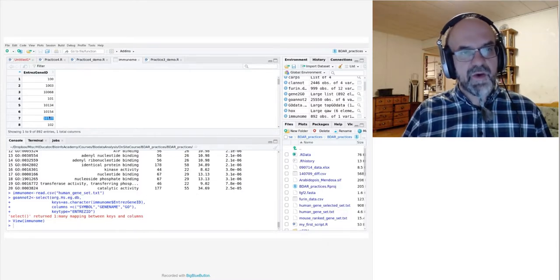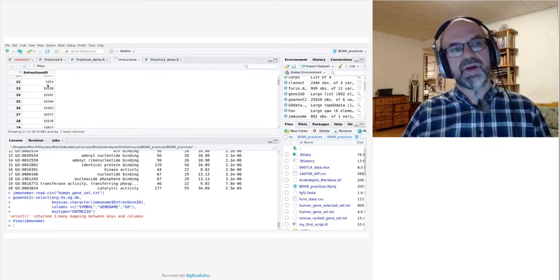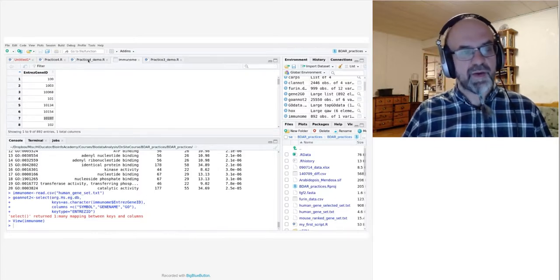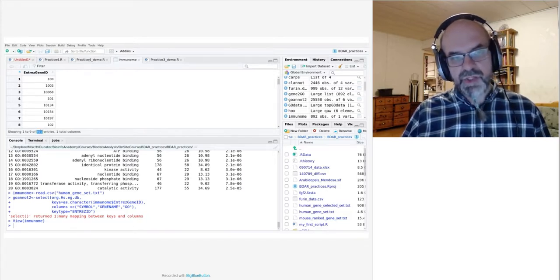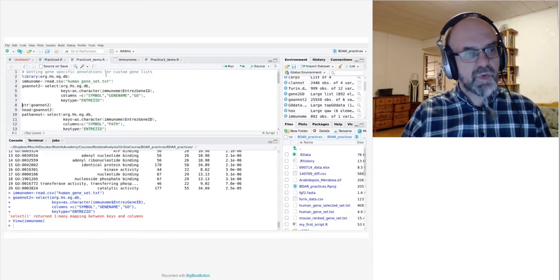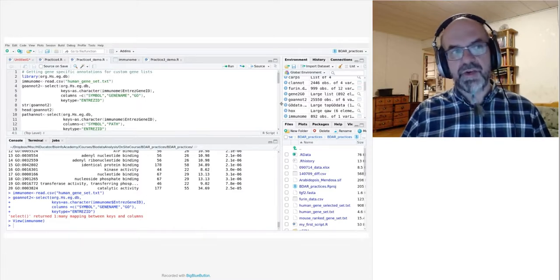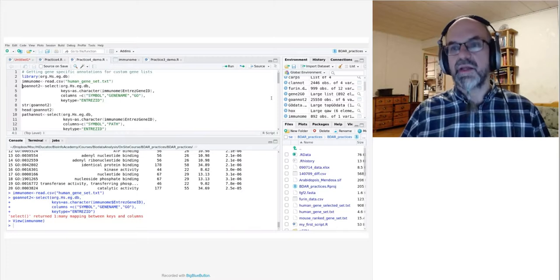This is a list of genes which I have used in one of my previous research projects. We call this the immunome. So it contains approximately 900 human genes which are associated with immune system functions. So I would like to see what kind of annotation terms are associated with these immunome genes. Again, 900 genes out of the 20,000 in the entire human gene set.